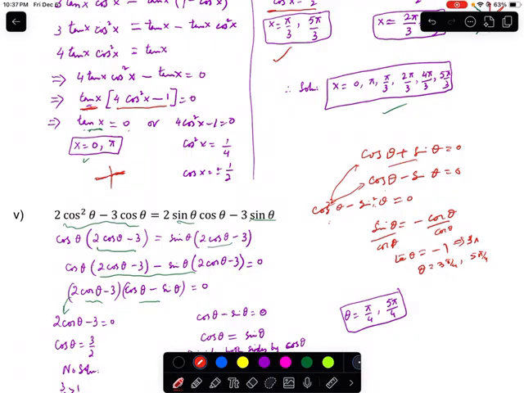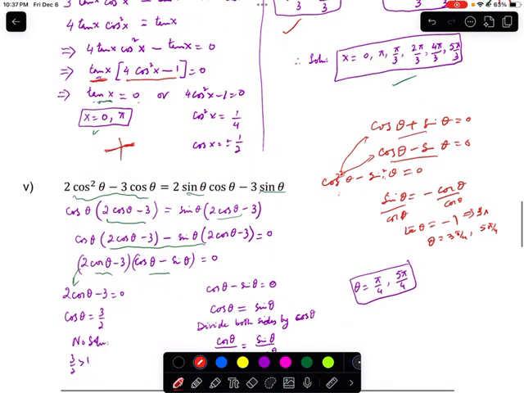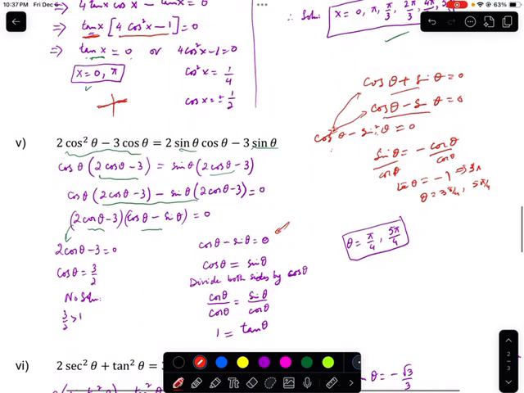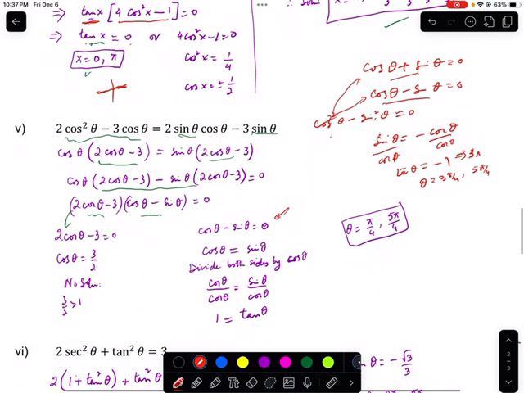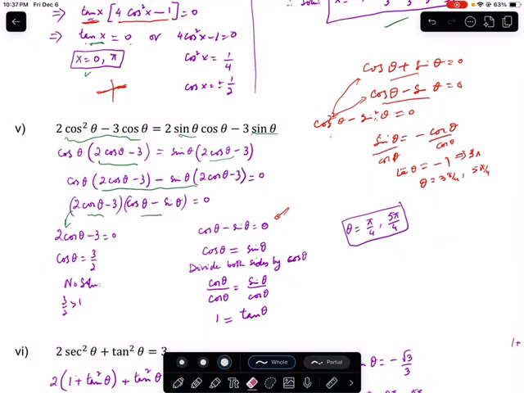And if you have the other equation, cosine of theta minus sine of theta, you move one to the other side, and we get what we have here. So tangent of theta equal to 1. This is going to happen in the first and the third quadrant.